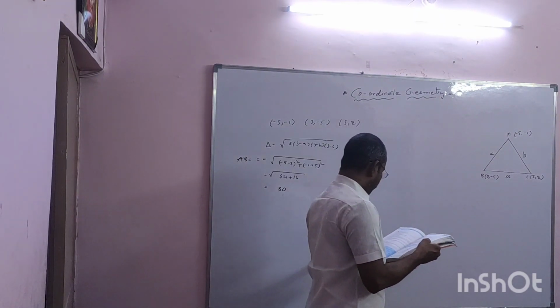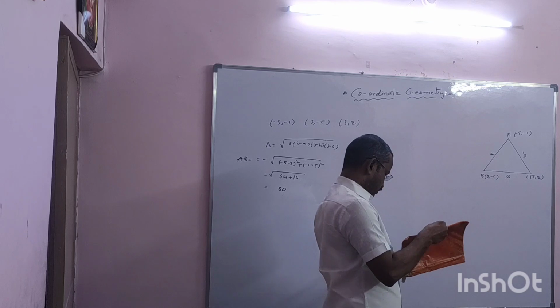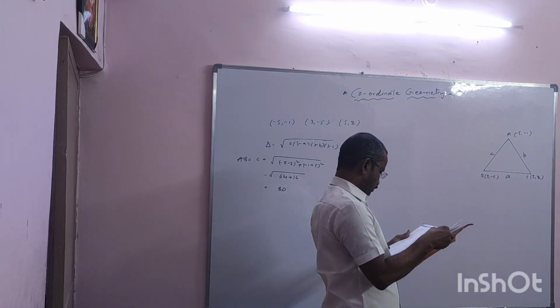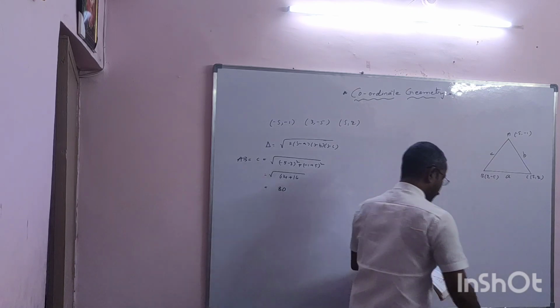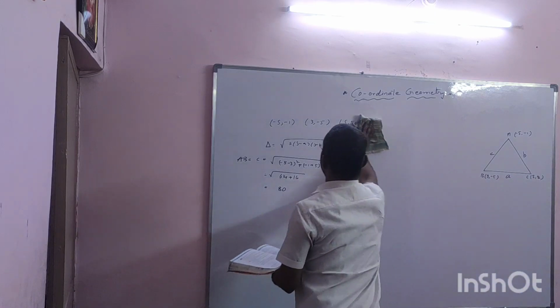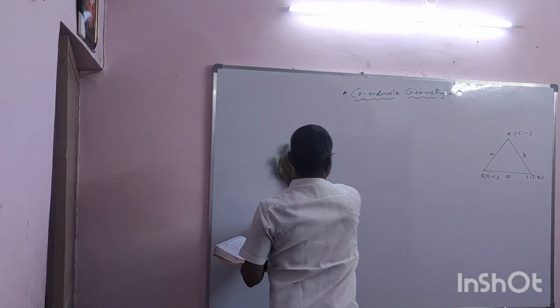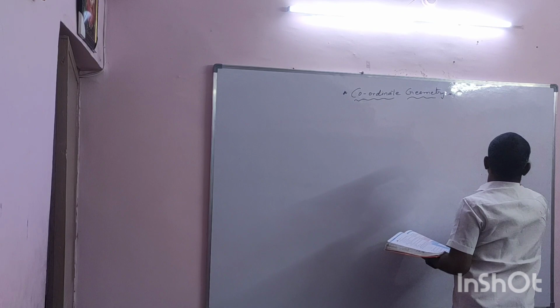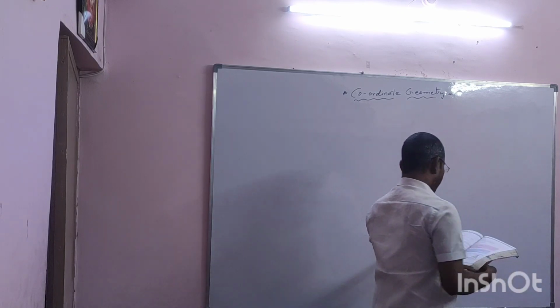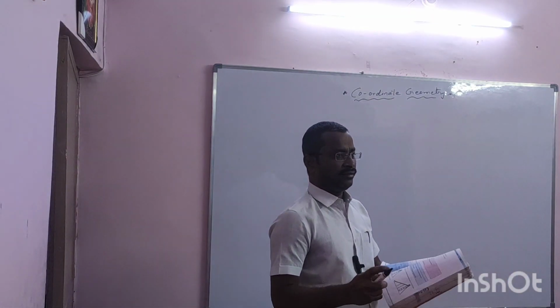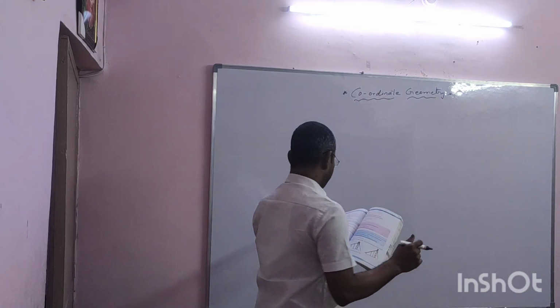We will take these 3 points so that we come to 32 square units. Because by using Heron's formula, you need to get exact integers, not the square root of 80 like that.